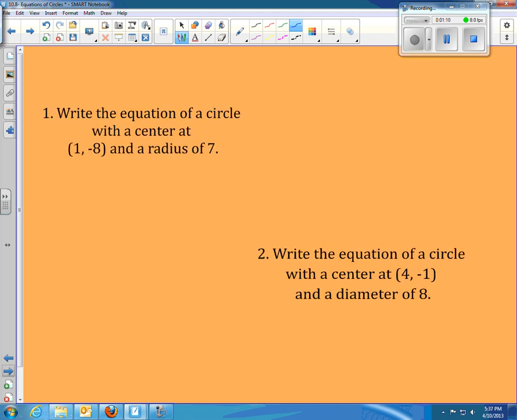Write the equation of a circle with a center at (1, -1) and a radius of 7. This is our h and our k and our r, so we're just going to plug it in. (x - h)^2 + (y - k)^2 = r^2.